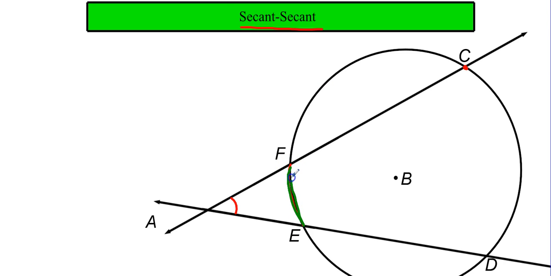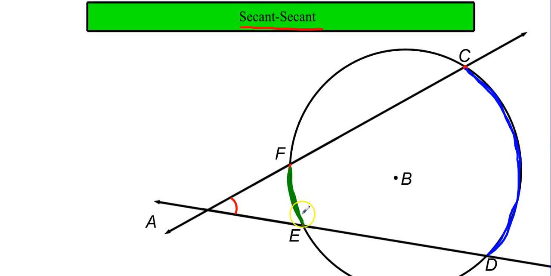We create these two arcs. Generally, there's going to be a smaller arc and a larger arc. Let's use blue over here so you can figure out where this comes from when we start writing equations. Here's the larger arc out here that's formed by these two secant lines.